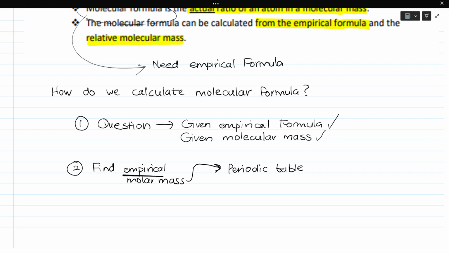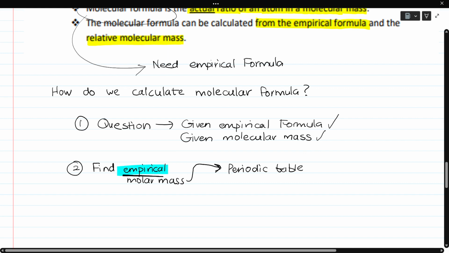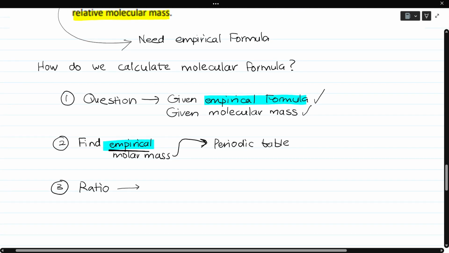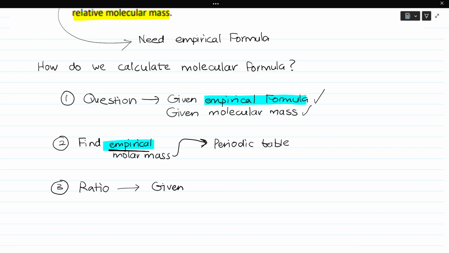So I'm going to highlight that in one color. When you're finding your empirical molar mass, you're using the empirical formula. Okay, so you found your empirical molar mass and you've got your given molecular mass. So your third step is where you're simply going to find the ratio between those two. That would look something like, this ratio is going to be equal to the given molecular mass in the question.